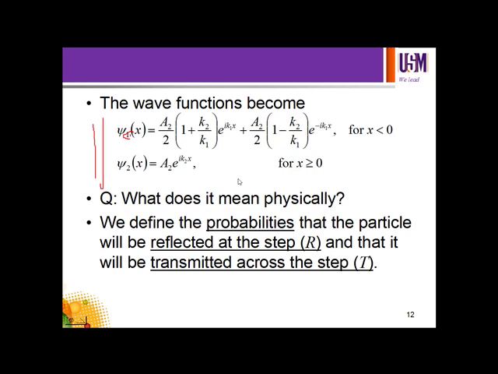So we can define the probability that the particle will be reflected at the step, represented by R, reflected, or in the title of this segment, scattered back, and that it will be transmitted across the step, represented by capital T, transmitted. The wave function itself does not have real physical meaning, but psi squared gives you the probability.